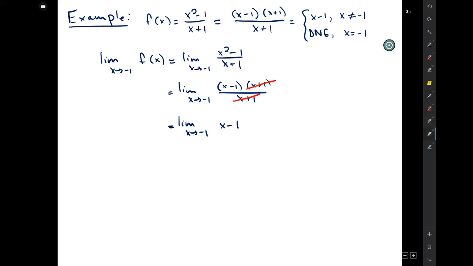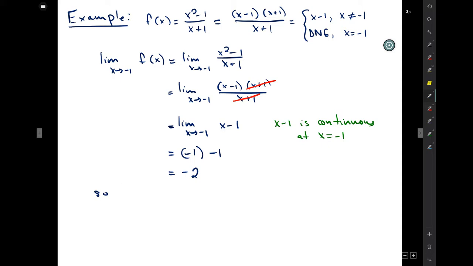And now we look at x minus 1, and that function is continuous at x equals minus 1. And so our definition of continuity tells us that we just plug in that value for x. And so we end up getting that our limit is equal to -2.